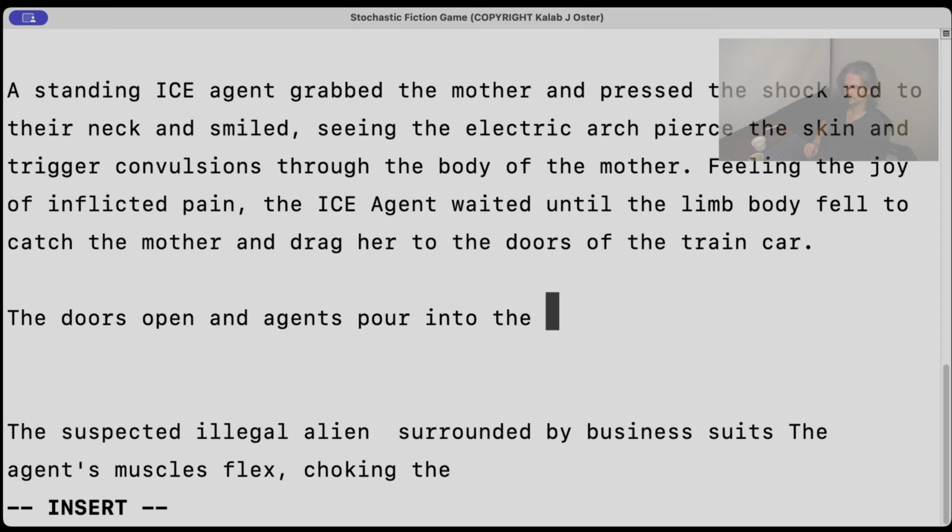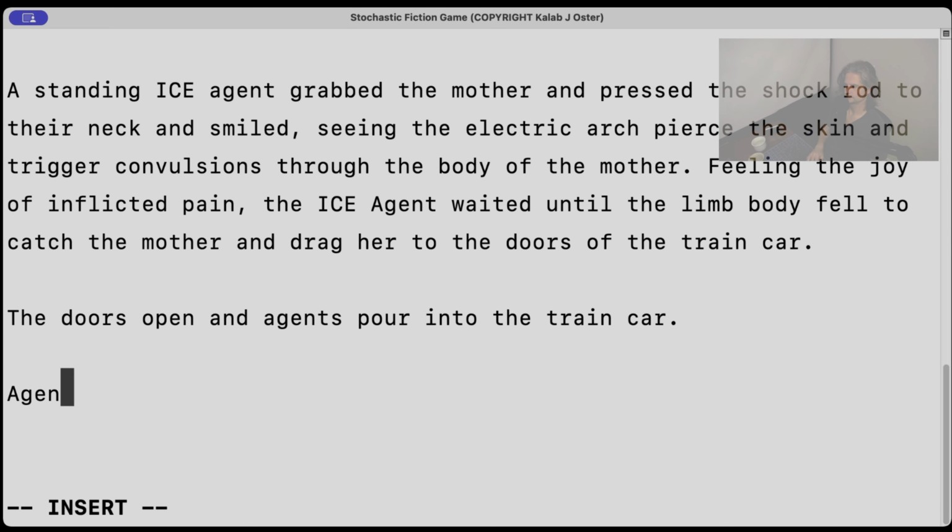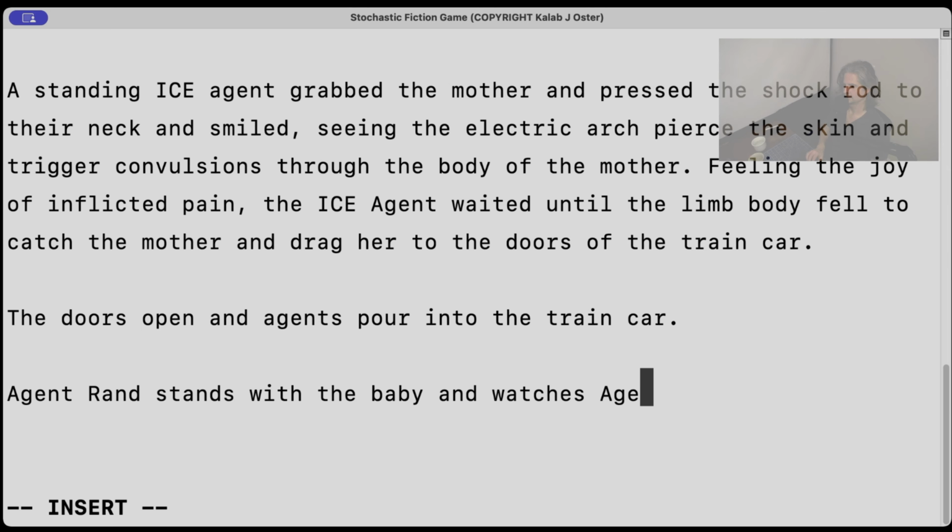The doors open and agents pour into the train car. Stands with the baby and watches Agent Lindell and Agent Paul.